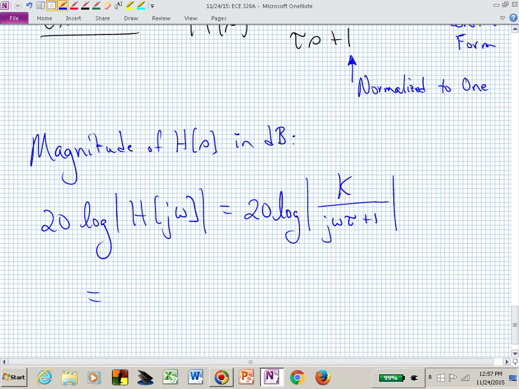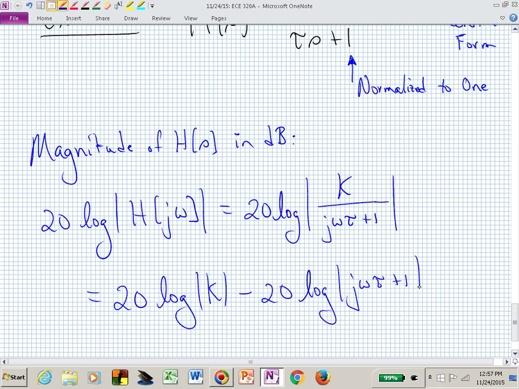That's why we are looking at these in dB, so if we put in additional terms, we can just add in that individual contribution. Here we simply have two terms. We're going to have a constant term, and then we have the denominator term, which is a first order factor.